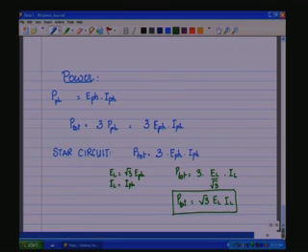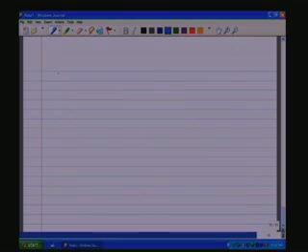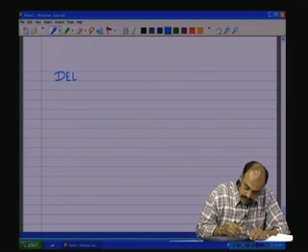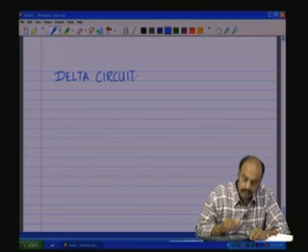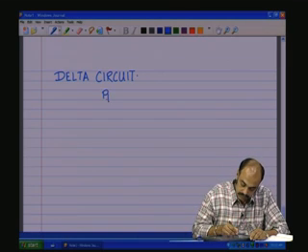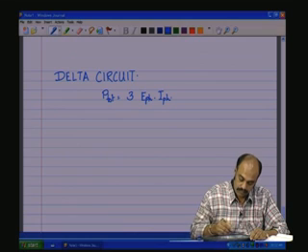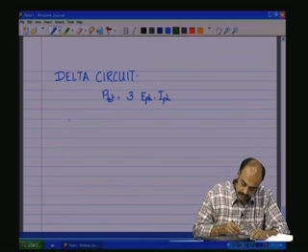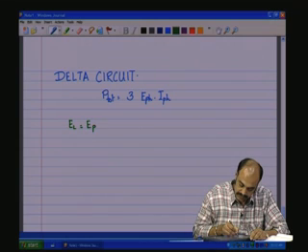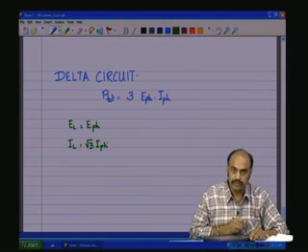Now, in the case of the delta circuit, P total is 3 times phase voltage into phase current, and here the relationship that we are trying to use is E line equals E phase, the line voltage is the same as the phase voltage in the delta circuit. IL, the line current, will be root 3 times the phase current. This we saw.